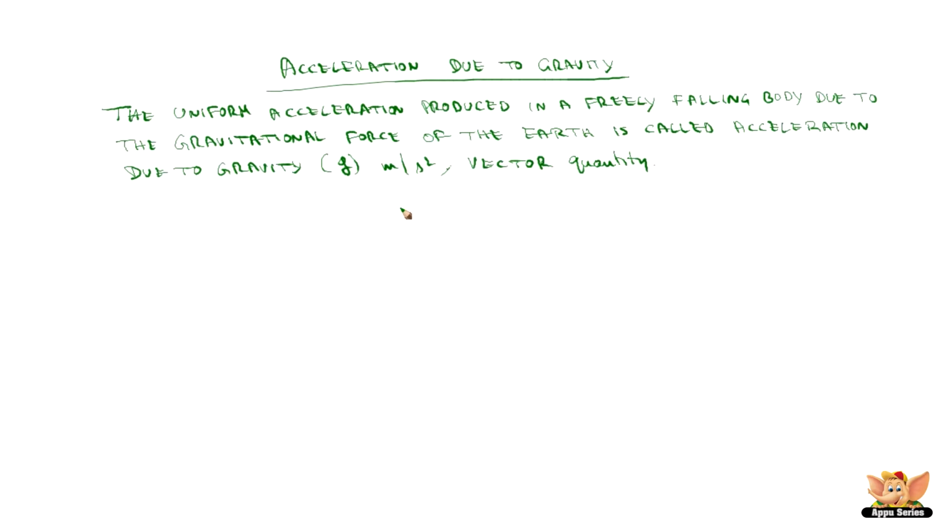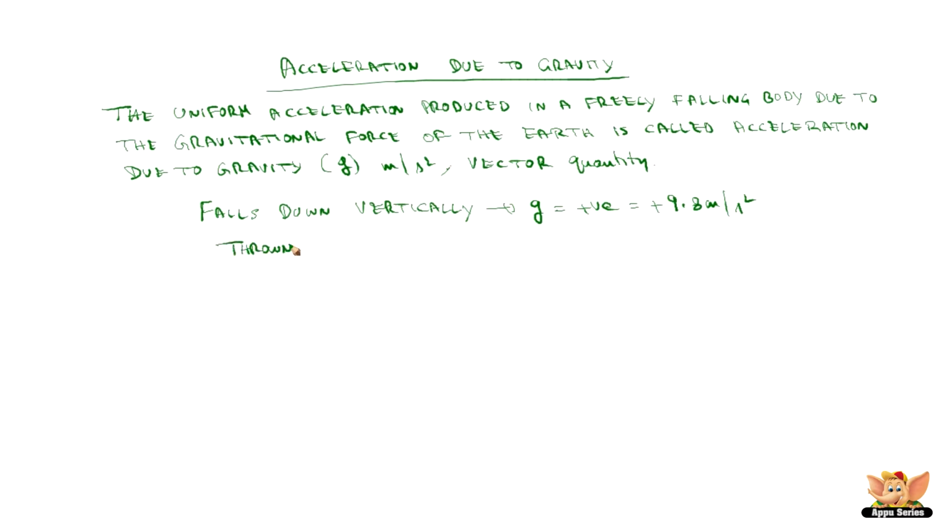Now, having understood that, let's see how this acceleration due to gravity changes when the body falls down vertically and when the body is thrown up vertically. When a body falls down vertically, the acceleration due to gravity, g, is positive and the value is plus 9.8 meter per second square, which we have calculated in the previous sections.